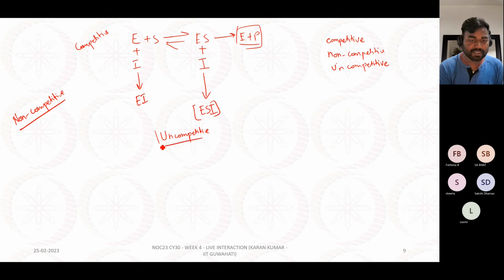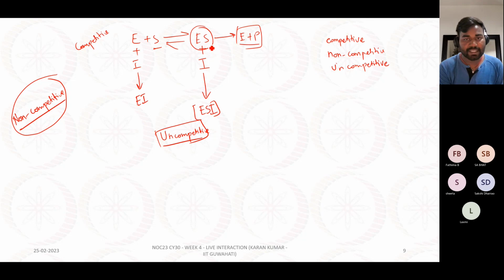As the term represents, non-competitive means it is not competing with the substrate, but it is binding to the enzyme substrate complex. But in case of uncompetitive, it can bind to both sides, either on the ES side or on the enzyme directly. Thereby it is forming the EI complex and ESI complex.